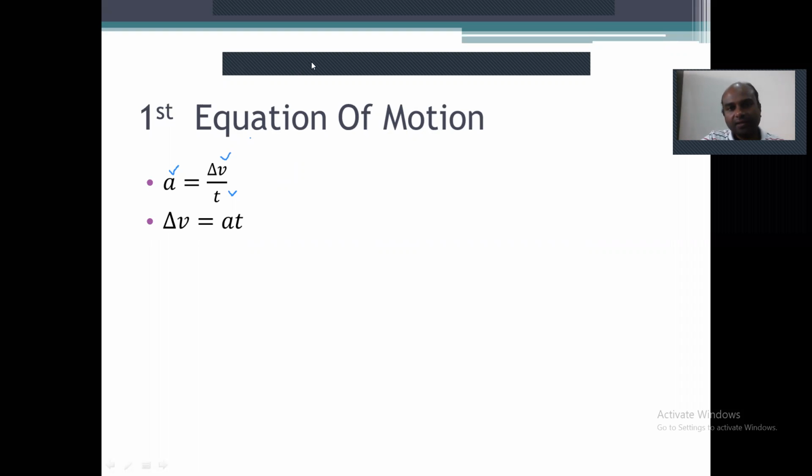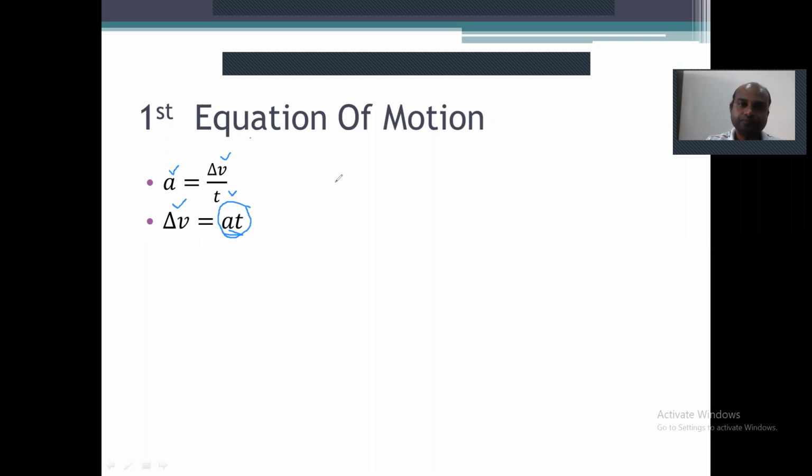But then let us go a bit deeper and analyze a bit more. From this equation, it is clear that the change in velocity is acceleration into time. So whenever we have a quantity which is acceleration into time, what does it signify? It signifies the change in velocity.